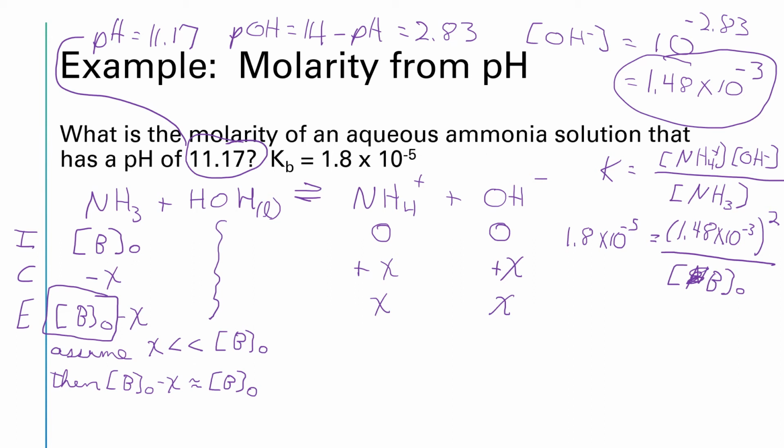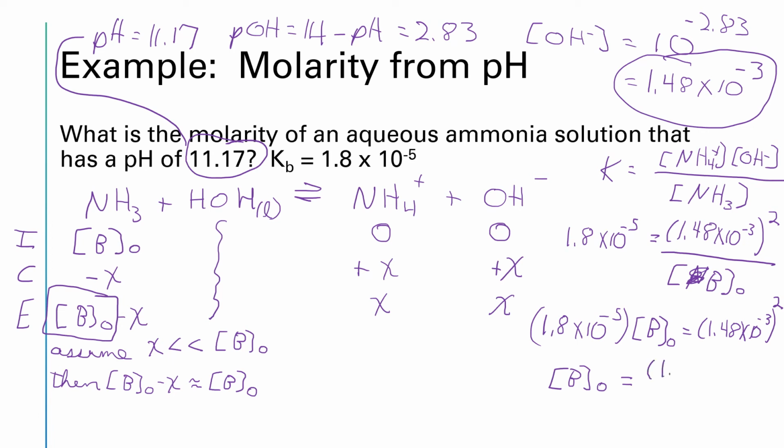That'll cancel out on the right-hand side, and that'll leave me with 1.8 times 10 to the negative 5, all multiplied times B naught on the left-hand side, and that'll be equal to 1.48 times 10 to the negative 3 quantity squared over there on the right-hand side. If I solve that expression for B naught, what I'll need to do is divide both sides by 1.8 times 10 to the minus 5.